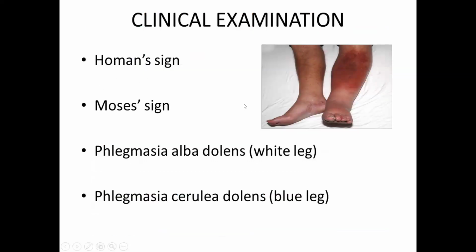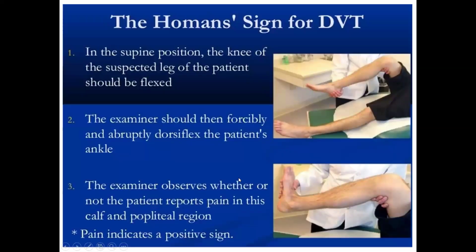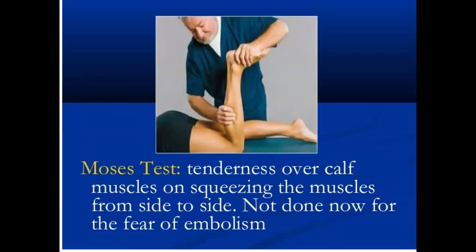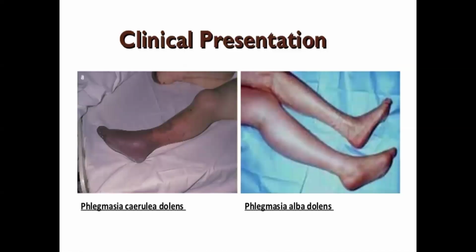Okay, some of the signs here, like Homan's sign, Moses sign, phlegmasia alba dolens, and cerulea dolens, all of these are manifestations of venous thromboembolism. Okay, this is the Moses test. This is phlegmasia cerulea and alba dolens.